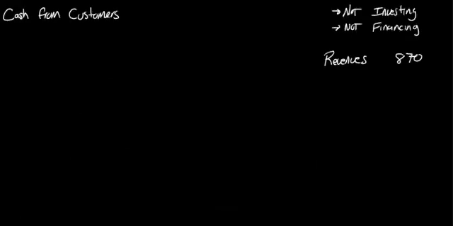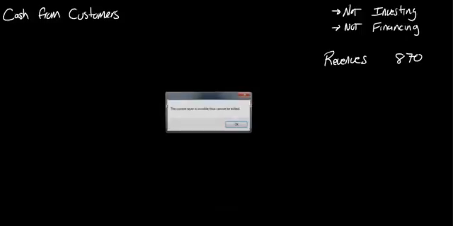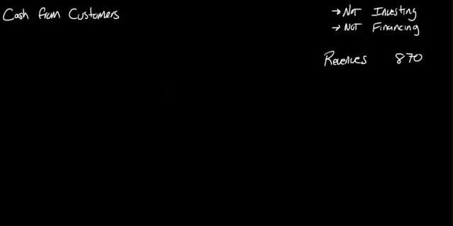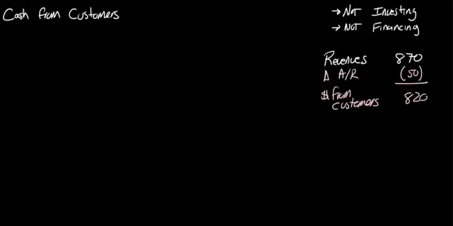So if we put in the change in accounts receivable as a -50, then our cash from customers is $820. I'm going to put my $820 as cash from customers right here.